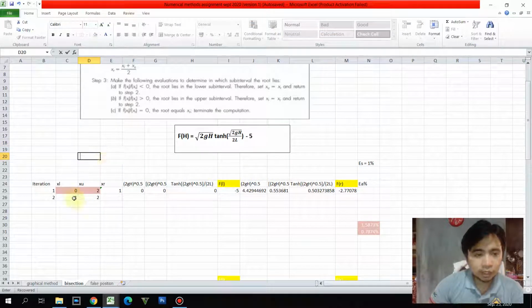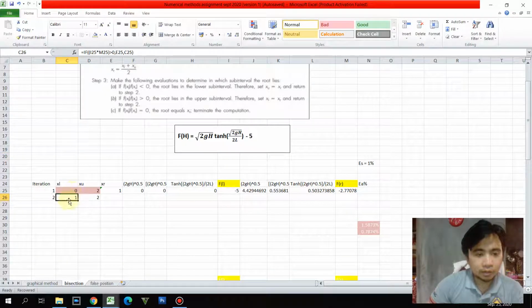Okay, for the second iteration, we need to test our lower limit if we are going to use xr or xl. So that is tested: if function of L times function of R is greater than 0, then we adopt xr. Otherwise, we are maintaining the original lower limit.